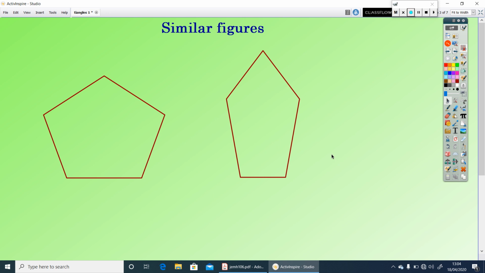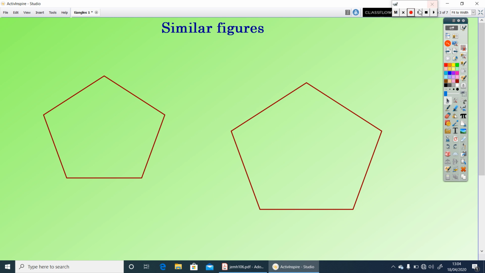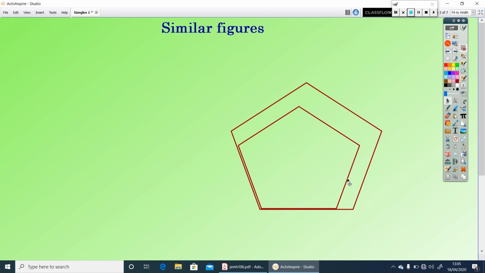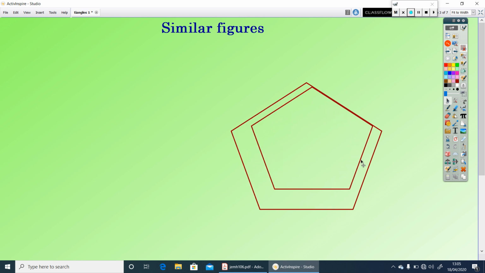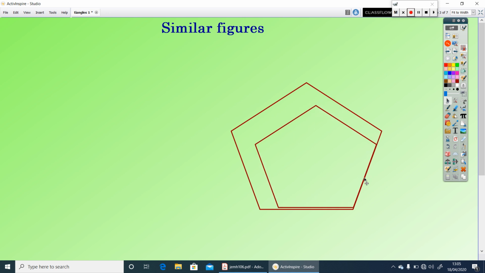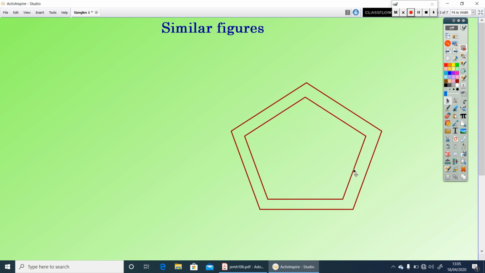So here let us check the angles. Here you can see all the corresponding angles are equal, and if you keep it here you can see the sides are also proportional. So two polygons are similar if their corresponding angles are equal and their corresponding sides are proportional.